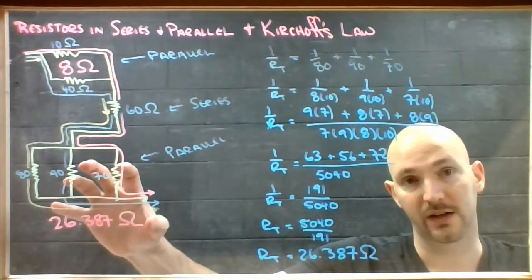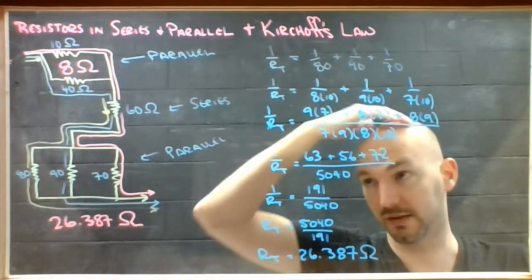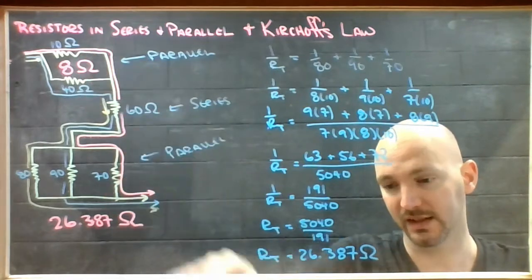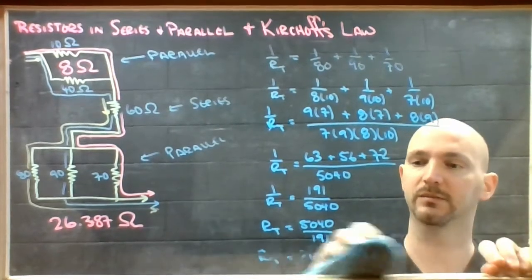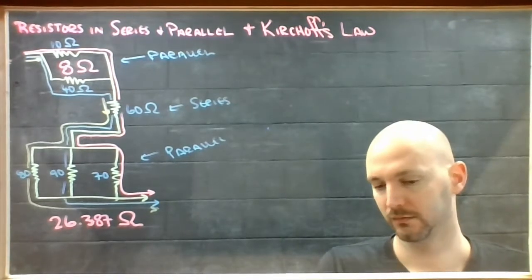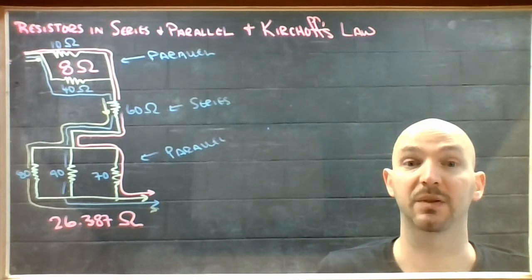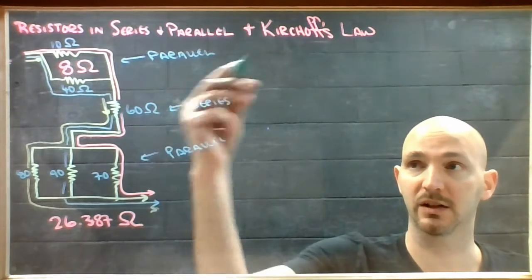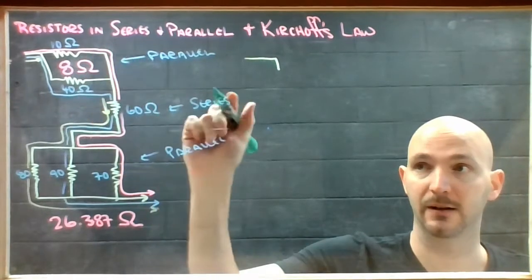Right now that I've figured out the value of the parallel structure here, and I figured out the value of this parallel structure, now I have this and this and this all wired together. So I'm going to erase this and see what to do with it. Alright, so to figure out what to do with this, I'm going to simplify this diagram. The current comes in this way, and then it goes through this object here.